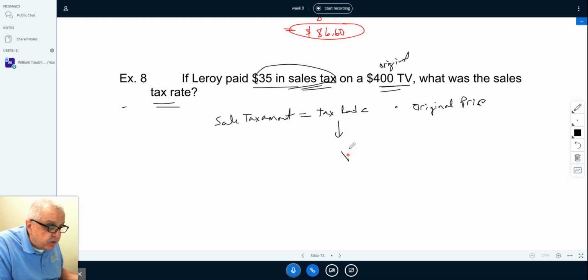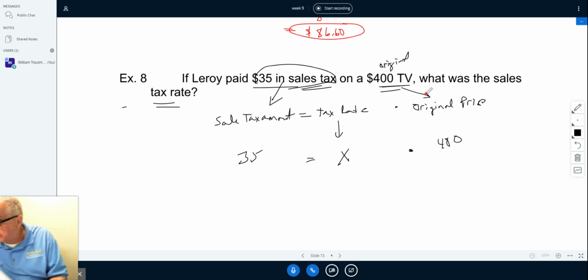So I'm going to put an X there. The original price was $400 and the sales tax amount was $35. Do you see sales tax amount 35? The original price was 400. We had to find the tax rate. We had to find out what X equals.